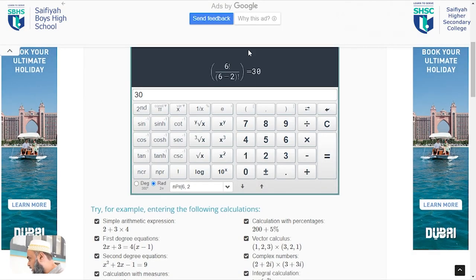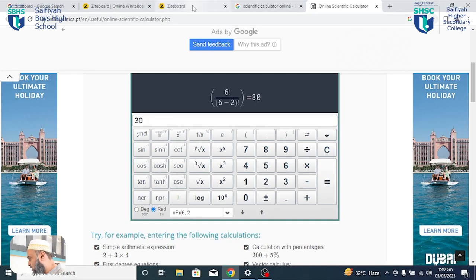Let's calculate this problem by using a scientific calculator. In permutation, we need to find out what is n. n is 6. And what is r? r is first and second, so there are of course 2 people we are interested in, so 6P2.